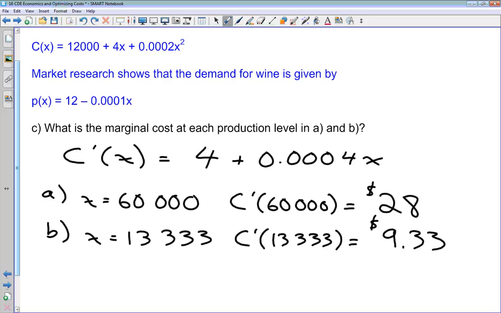So each additional bottle of wine only costs them $9.33 to produce. So our production costs are much, much lower when we're producing 13,000 versus when we are producing 60,000. So that's why our profit gets maximized at this lower value of production.